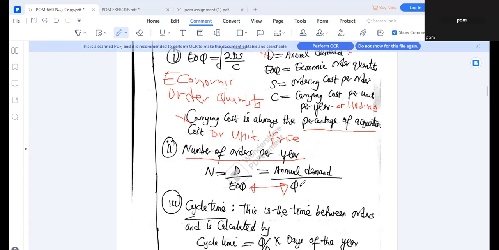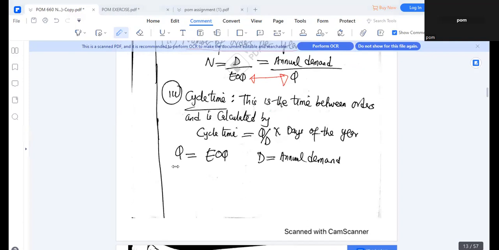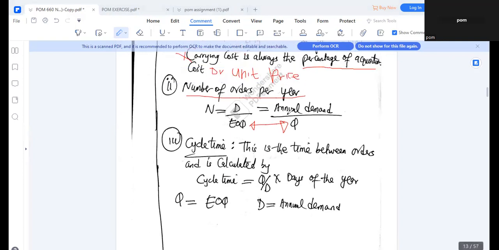EOQ is the same as Q. Then the other one is cycle time. Cycle time is the time taken between orders and is calculated as cycle time equals Q over D multiplied by the days of the year. Q is the EOQ, D is our annual demand.